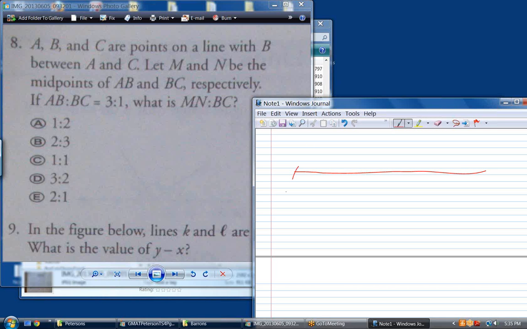And then it says B is between A and C. So it's either like that, or, don't assume necessarily that it's not like this. It merely says that B is between A and C. We'll go with the first one, but let's not forget the second possibility if it matters.